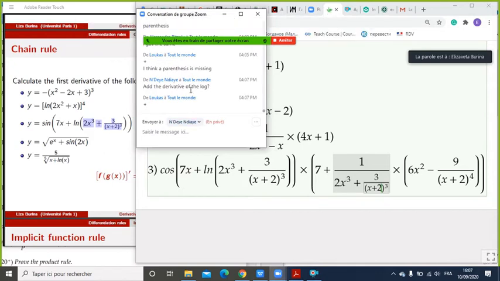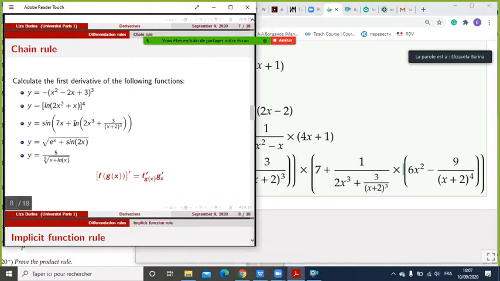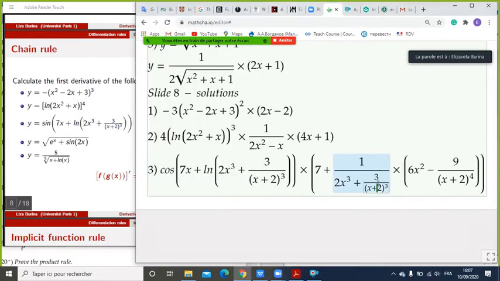Add the derivative of the log? Well, yes. So if we just consider this part, focus here. The outer function is natural log. The inner function is a sum. It's quite simple. Then the derivative of the log will be 1 over this whole thing. That's this part.